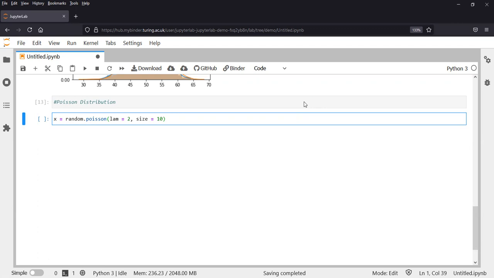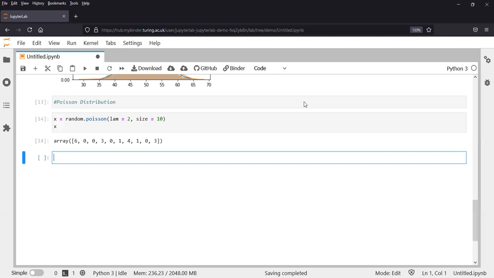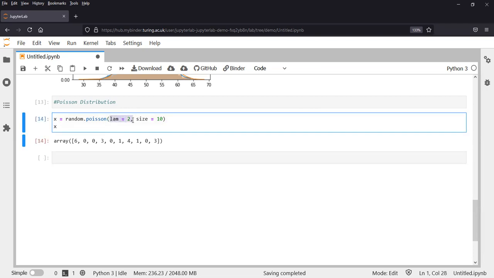If you remember the formula of the Poisson distribution, print it, and this is the outcome. The lambda means the mean.